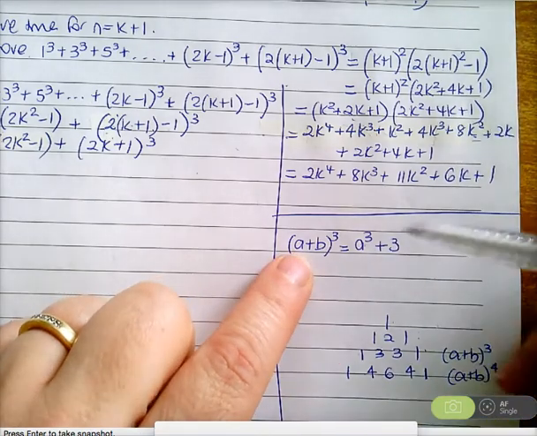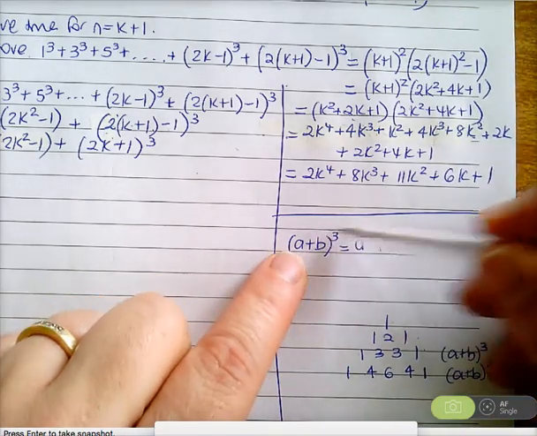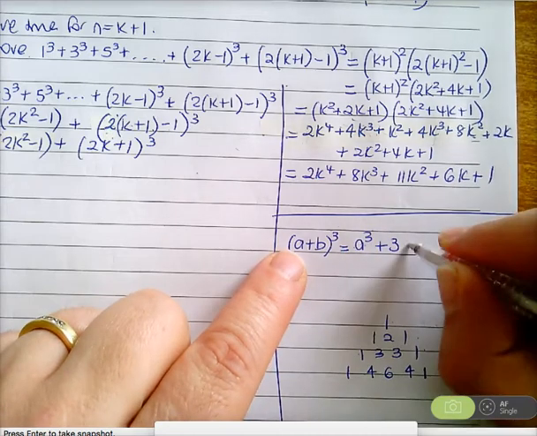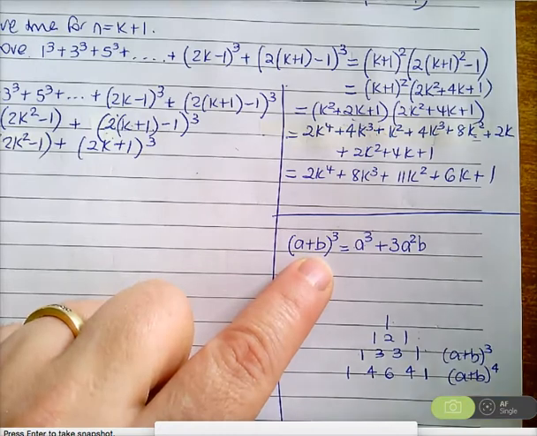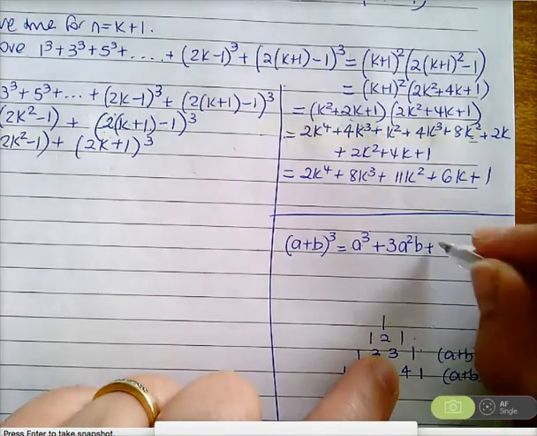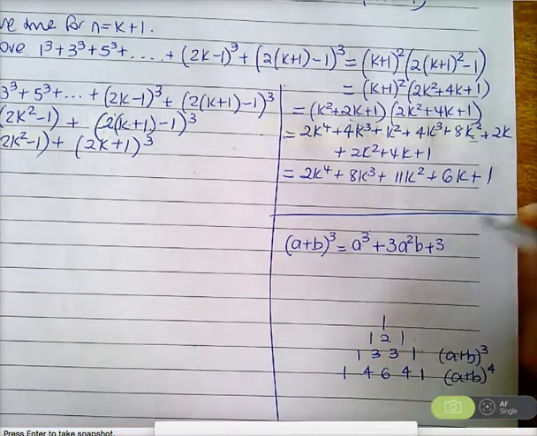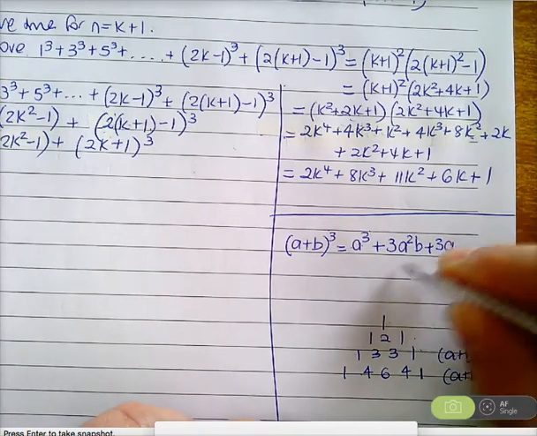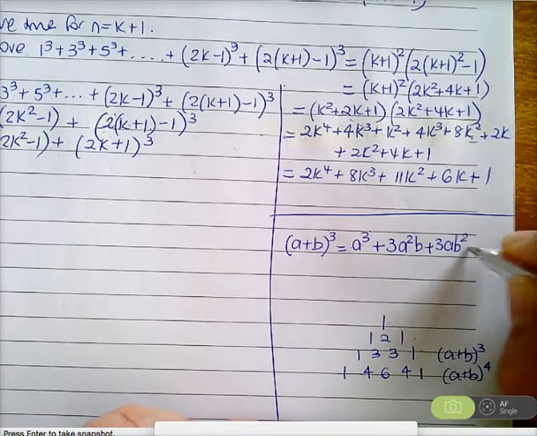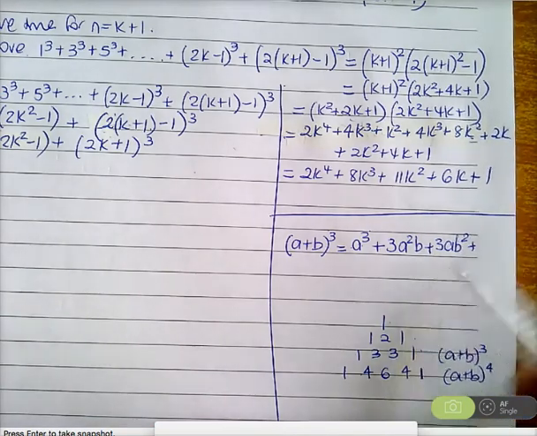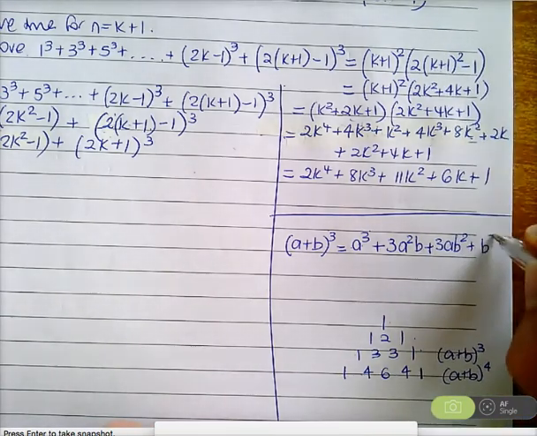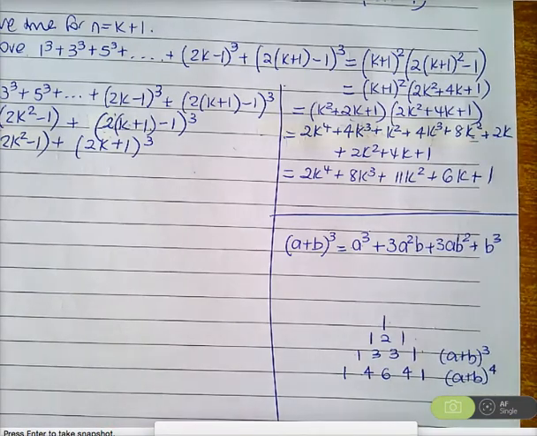Now all you do, we started with the highest power of a, which here is a cubed, drop the power of a by 1 and you get a squared, and now introduce 1 power of b. Plus, the next coefficient is 3. Drop 1 power of a and you get a, and increase 1 power of b. And the last one's got a coefficient of 1. Drop 1 power of a and you get nothing, and you get b cubed. That's how you expand a plus b all cubed.